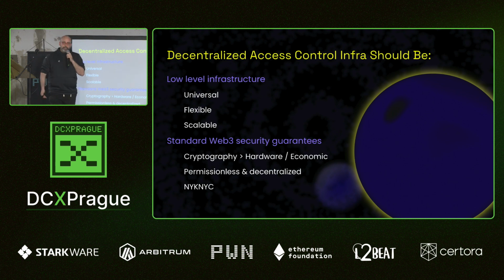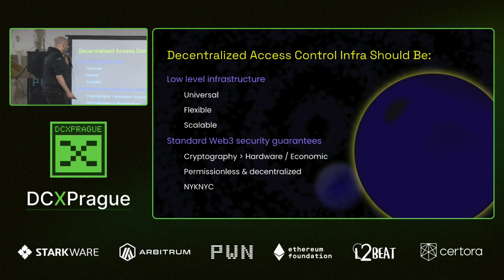And that is something that when people solve access control, they tend to rely on hardware or rely on economics in order to make things work, but then you move away from kind of the premises of Web3. Another important thing is permissionlessness and decentralization, right? You want to have open, permissionless settings and decentralized. I think those are kind of the core principles in Web3.